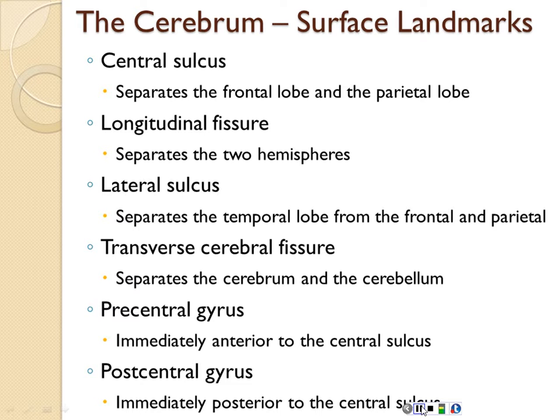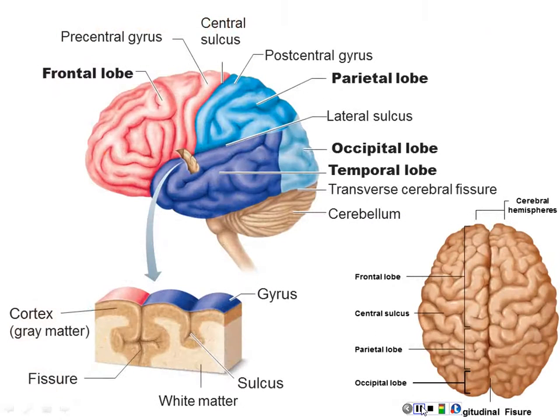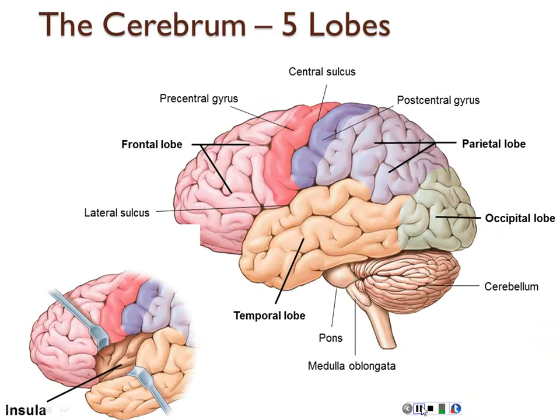The lateral sulcus separates the temporal lobe from the frontal and parietal lobe. Good. The transverse cerebral fissure, transverse means across. So that separates the cerebrum from the cerebellum. So that would be here, between the cerebellum and cerebrum. Transverse cerebral fissure.